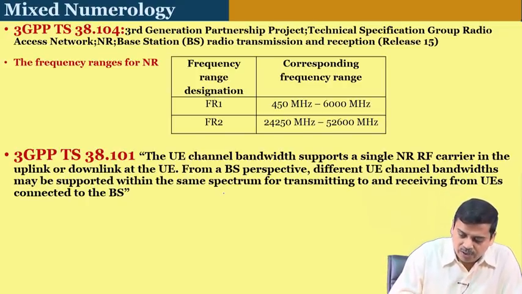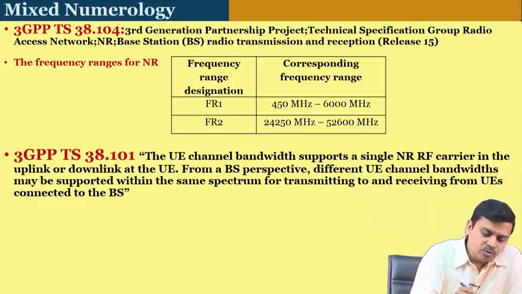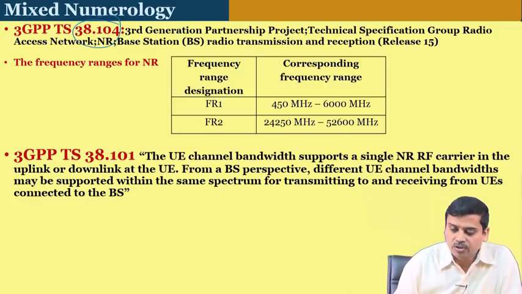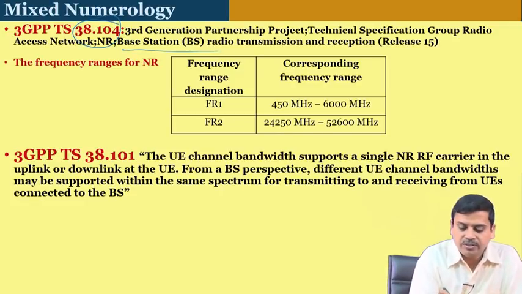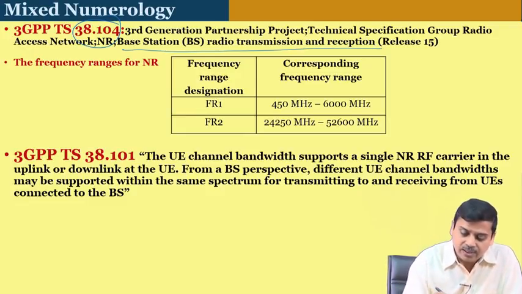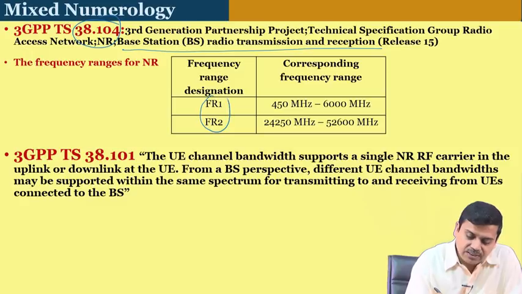Now, we move on to understand the numerology in a better sense, or complete the understanding. One has to go to 38.104, the next part, which talks about the base station radio transmission and reception. In that, two sets of frequency ranges are defined.